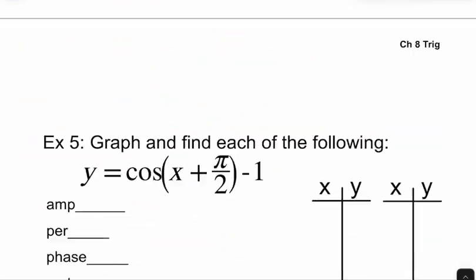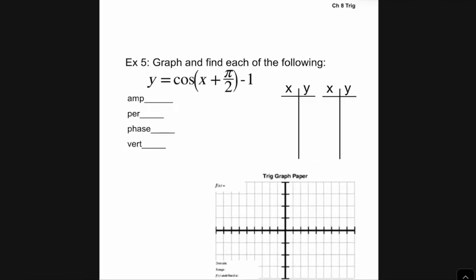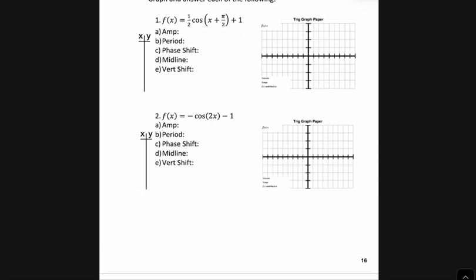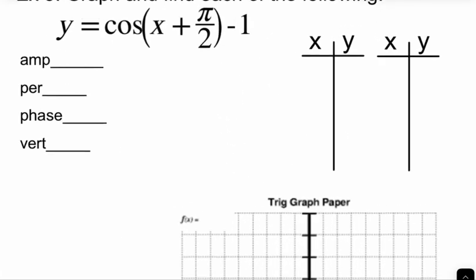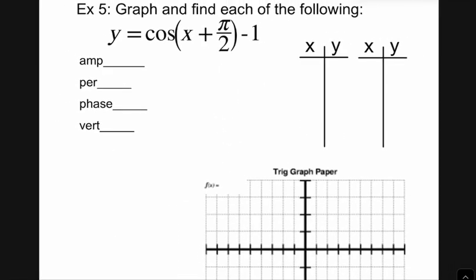Okay, so now I want to practice actually doing a graph with you. So we've got 2 graphs I want to do together in class. So you can kind of get to the point where you can graph these hopefully. Okay, so remember the amplitude is our A value.